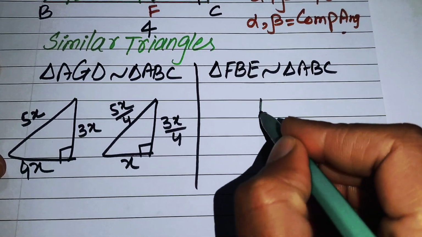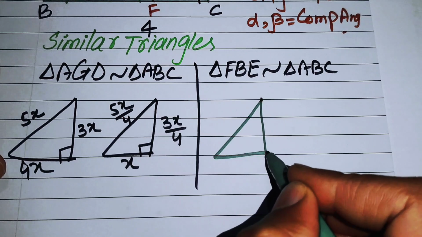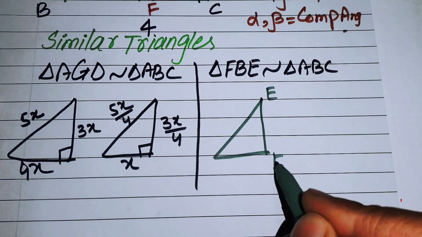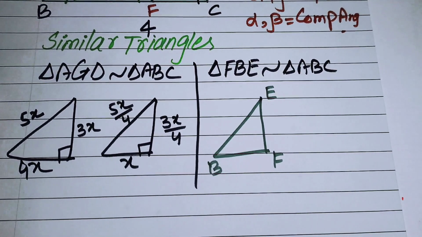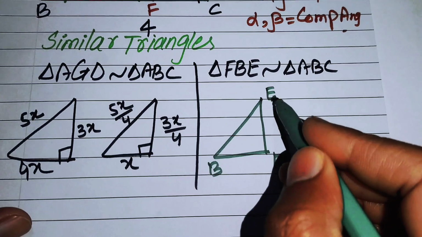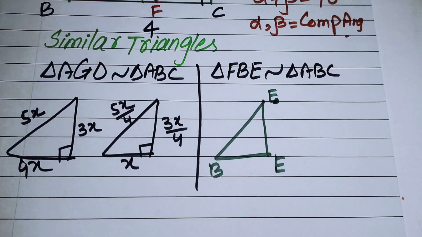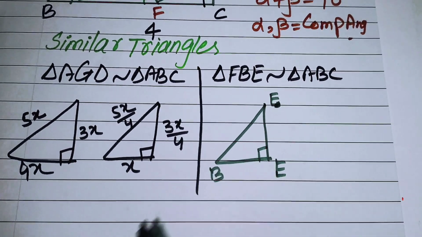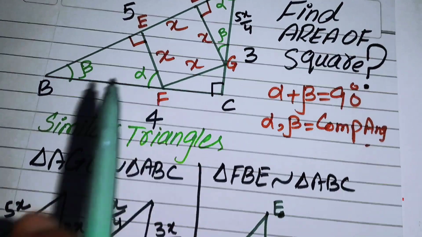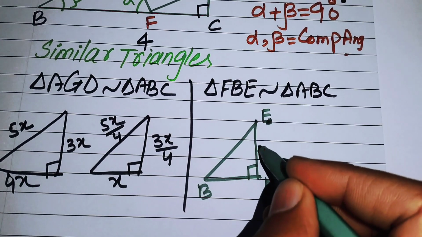So first I can write FBE right triangle here. So we assume that this is the triangle EFB, so now we call this F and this is the E or B. So here this is our right angle, and you see here our length EF is x, so this length is x.